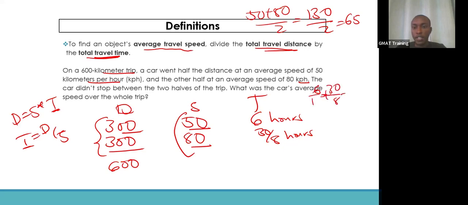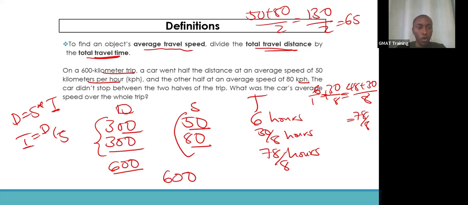You can have an LCM of 8, that will give you 48 plus 30, that is 78 over 8, since 6 times 8 is 48. So you have 78 over 8 hours.